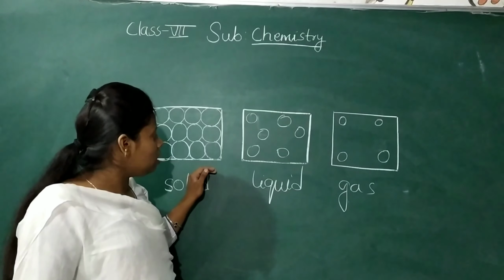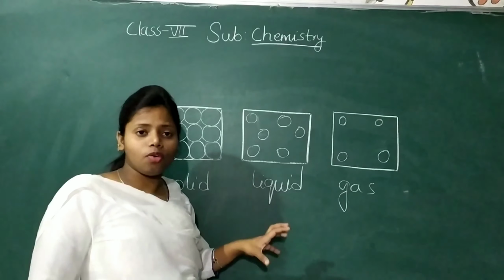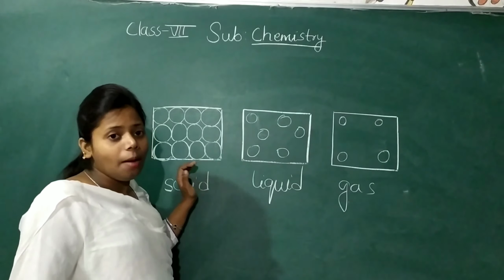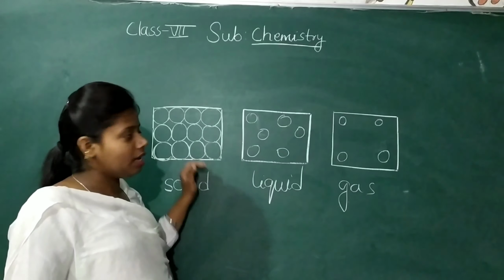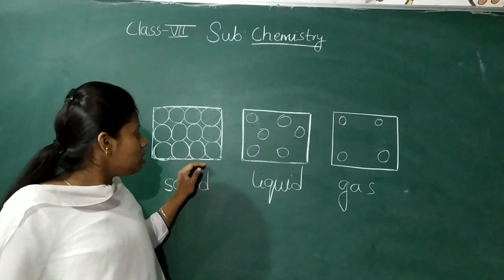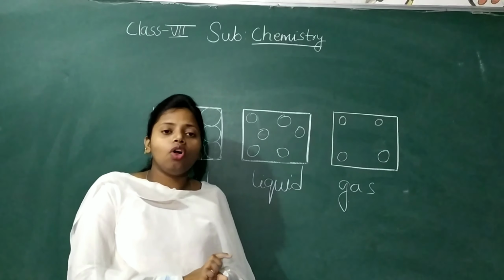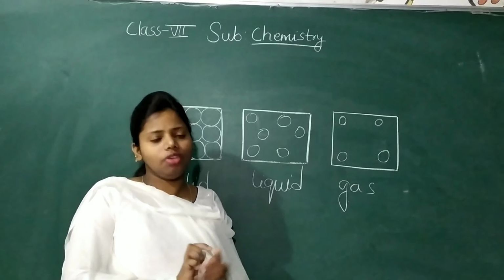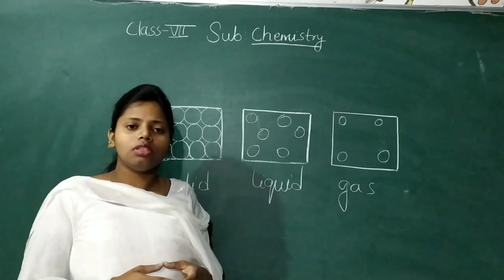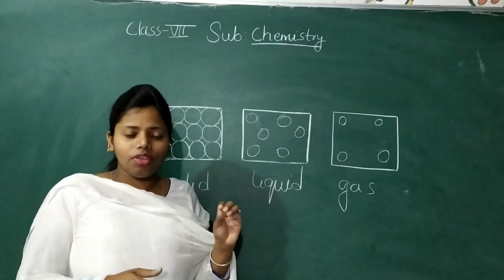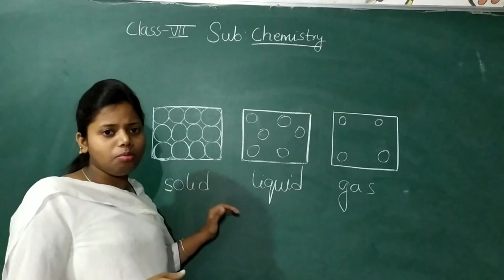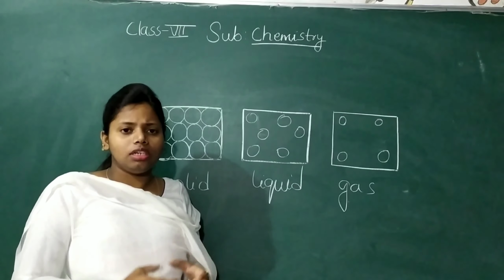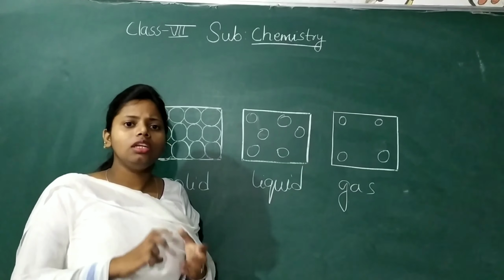Now, this solid we cannot compress. But in the case of soft solids, like sponge balls, we can compress a little bit. But a solid cannot be compressed much, because in solid the particles are very closely packed, because the interparticle force of attraction is very strong.